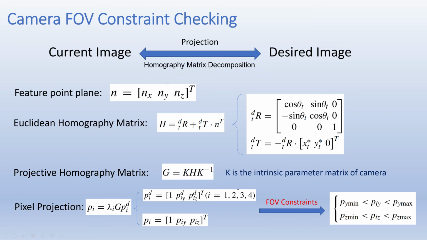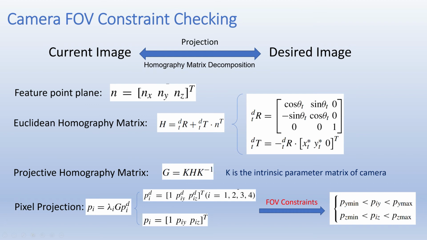And here, PID means the pixels that are on the desired image, and PI means the point that is on the current image.